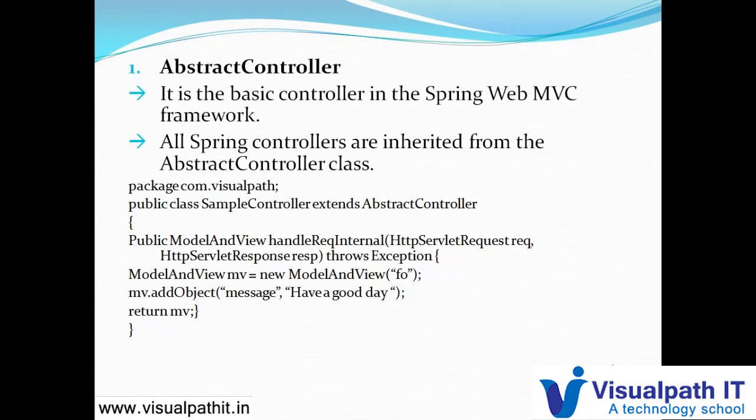The message that is displayed here is "Have a nice day." That's it. So what is happening here? We are overriding this handleRequestInternal method with HttpServletRequest and HttpServletResponse, which returns a ModelAndView kind of object to display an appropriate web page.